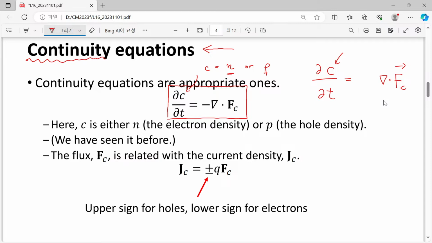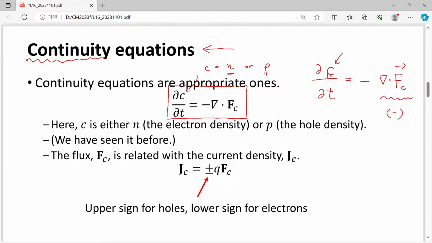If we have net outflux, then our carrier density will be reduced. And if we have net incoming flux, which introduces a minus value, then we will have an increase of carrier density.